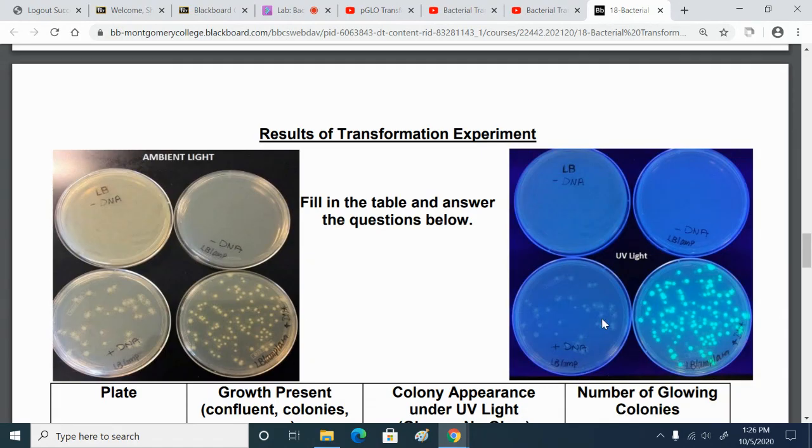This plate only has one. It has the ARAC protein. That's not good enough. It needs the arabinose sugar. If we were to add some arabinose solution onto the surface of this plate, then the bacteria would start to make the green fluorescent protein.